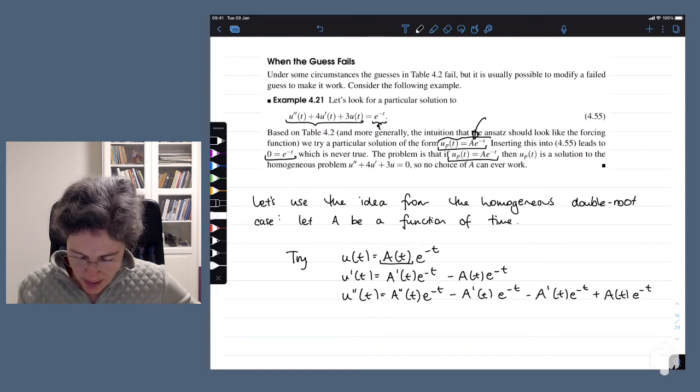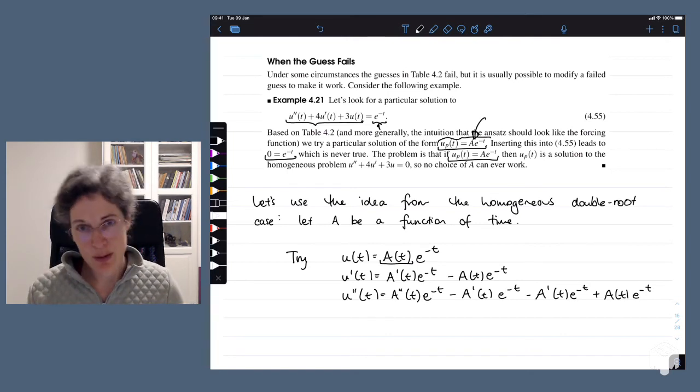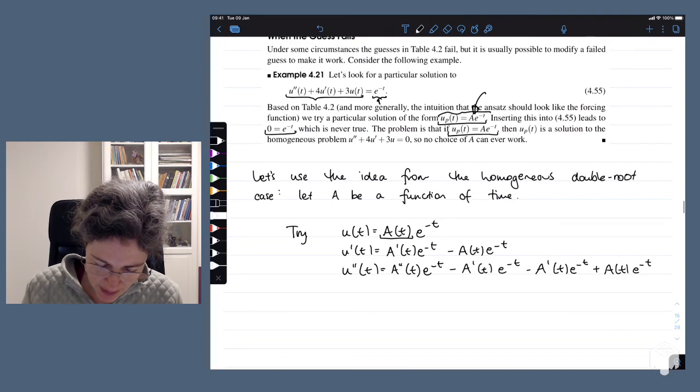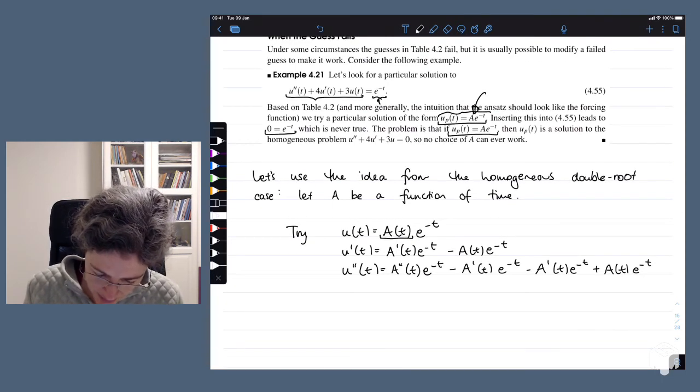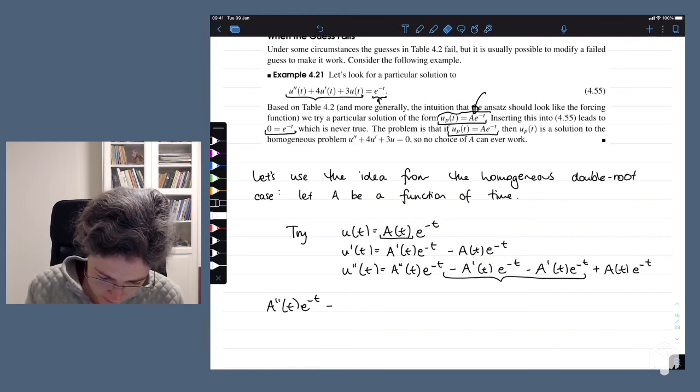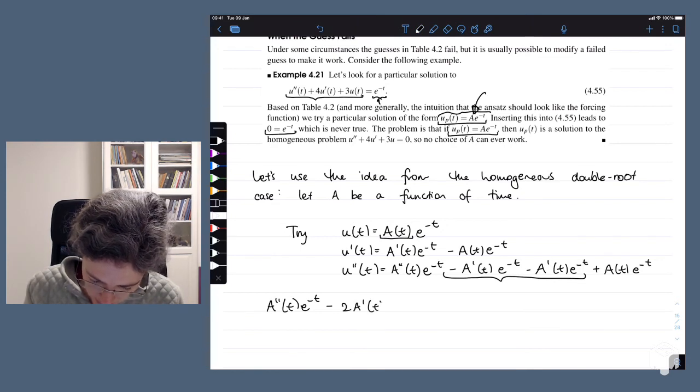Okay, and now we plug those all back into the original differential equation. So we have an annoying number of terms, but here we go. So we have a double prime of t e to the minus t minus. Okay, so I'm going to combine these two terms here. That's minus 2 a prime of t plus a of t, times e to the minus t.